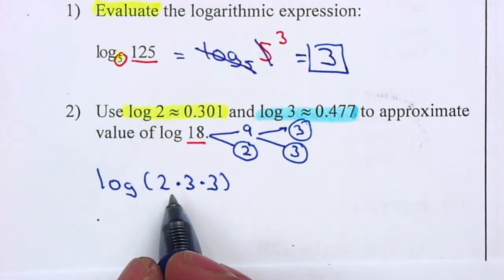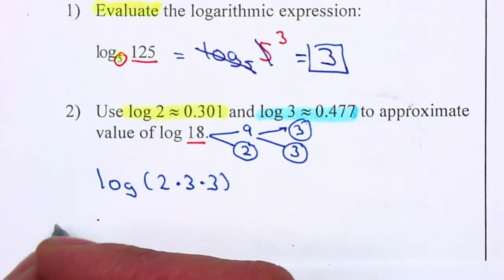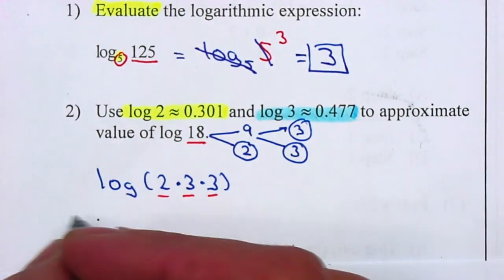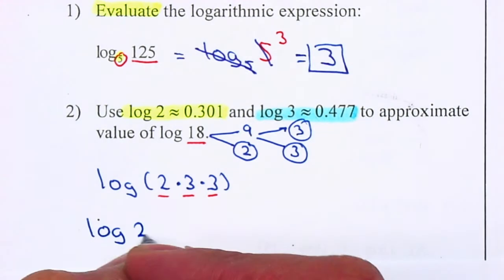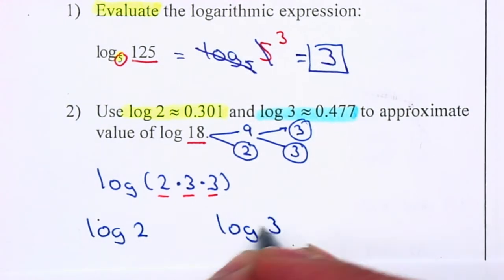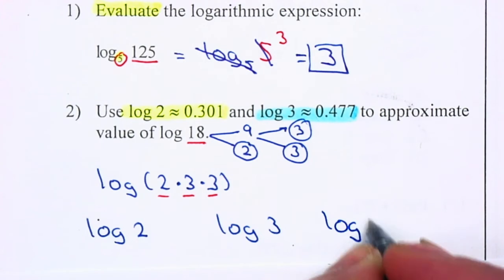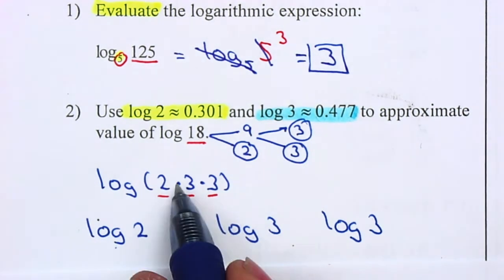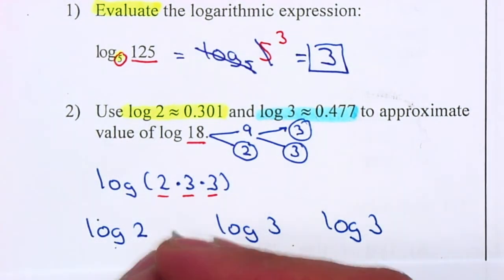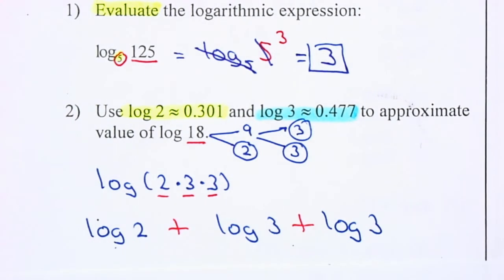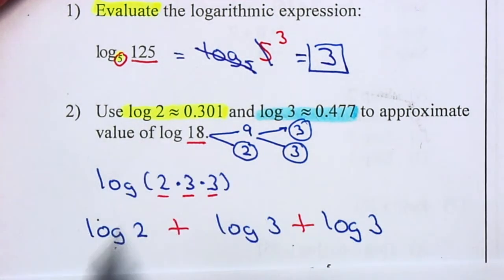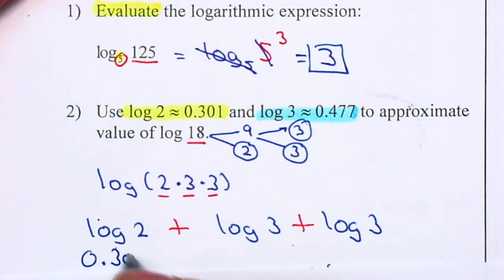Now, I'm going to use the property of logs to be able to expand it. I have 1, 2, 3 components. Therefore, I'm going to have 3 logs. Log of 2, log of 3, and the last one will be log of 3. They're multiplying them all. That means that I'm going to have to add them. Now I'm going to replace the values. Log of 2 is 0.301.